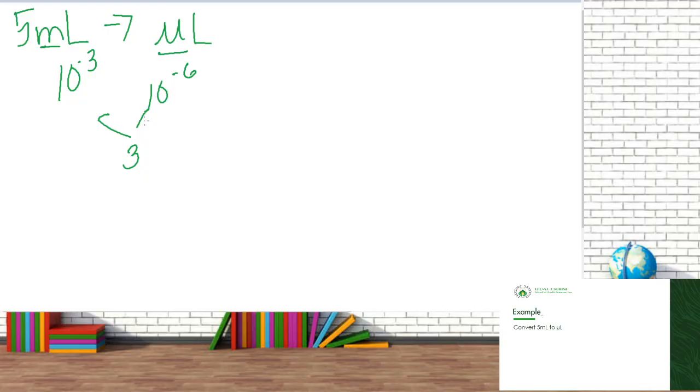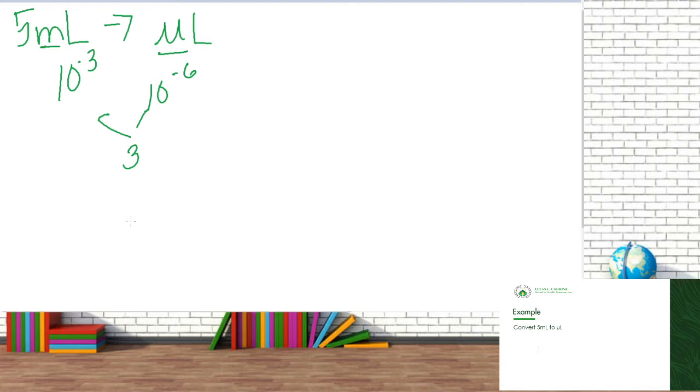Don't mind the negative sign so that we will not be confused. 6 minus 3 is 3. Now, are we going to move the decimal place to the right or to the left?